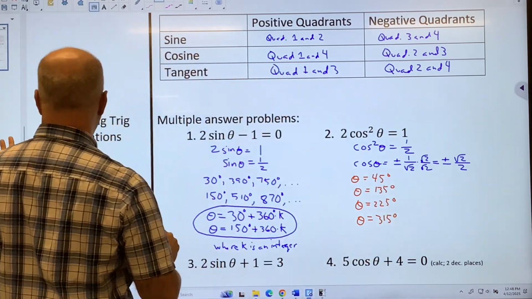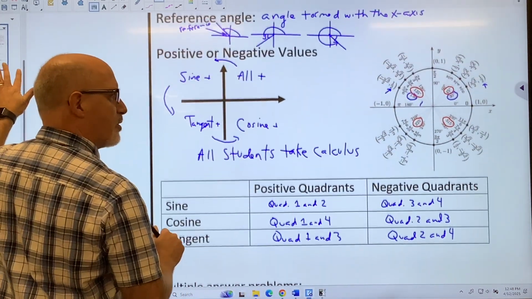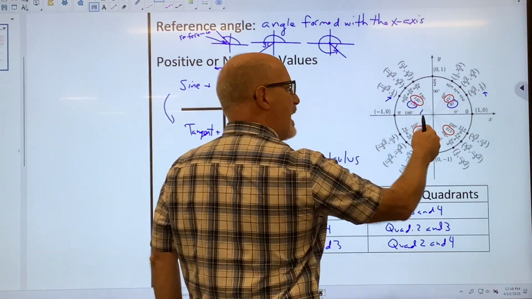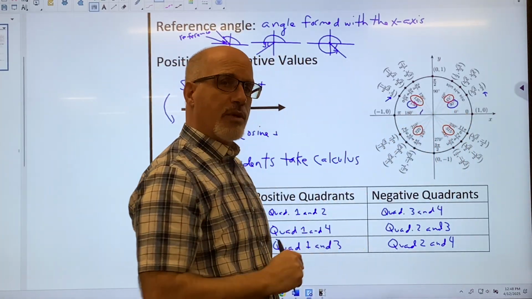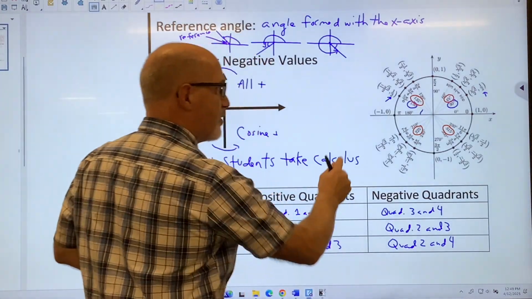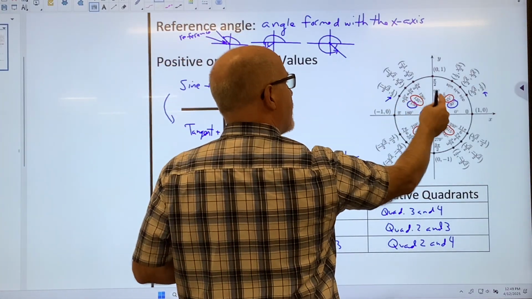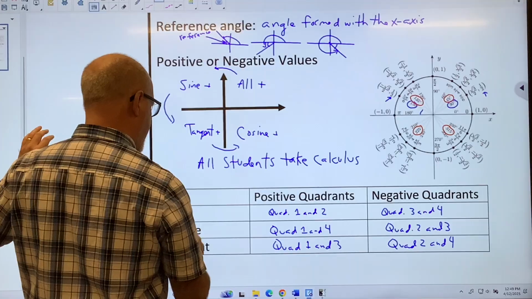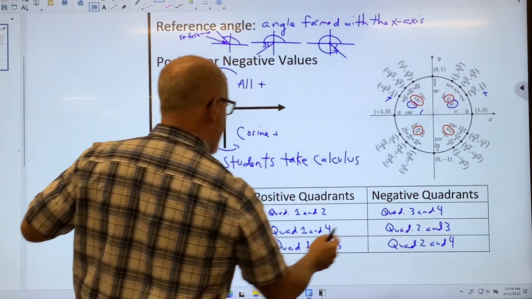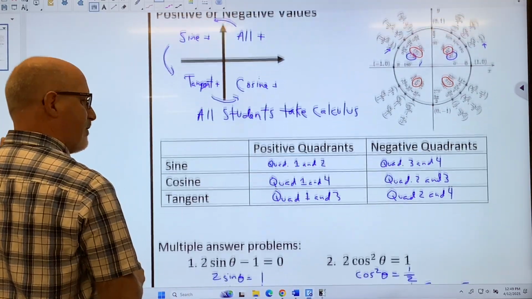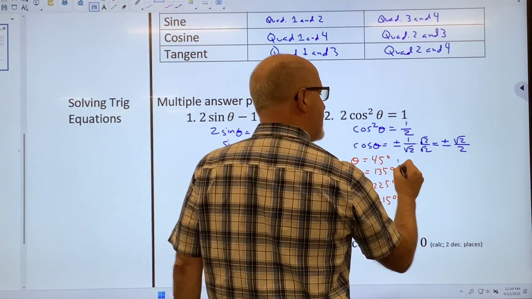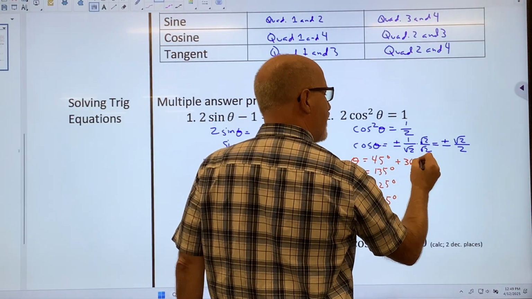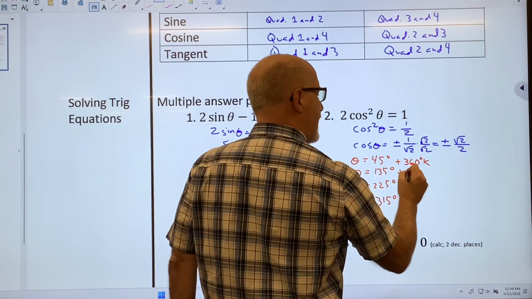If you look at each of those angles back here on the unit circle, notice each of them has a reference angle of 45 degrees with the x-axis. So that initial value there, if you go to each of those quadrants, and for cosine it's all 4, because we've got positive or negative, then we've got all these values. So if I add 360k onto all of these, I get my answer.